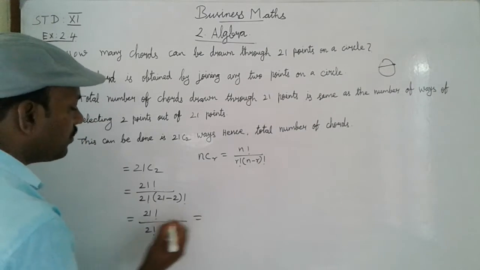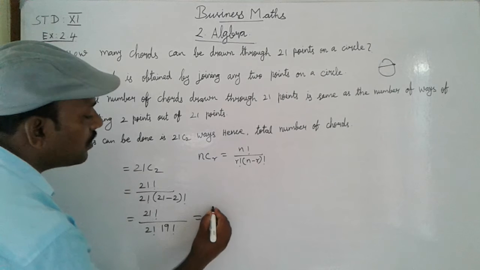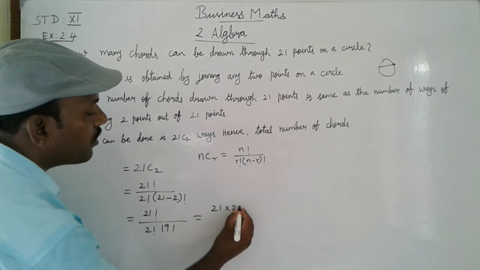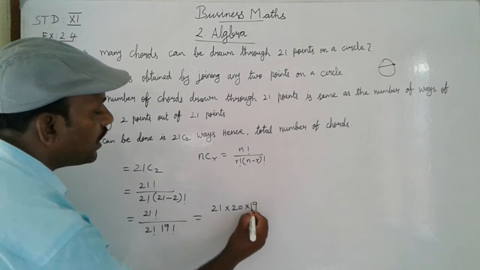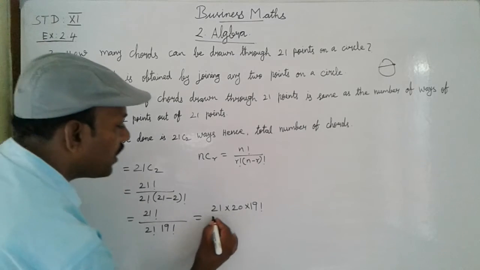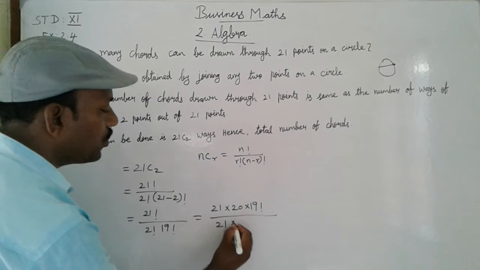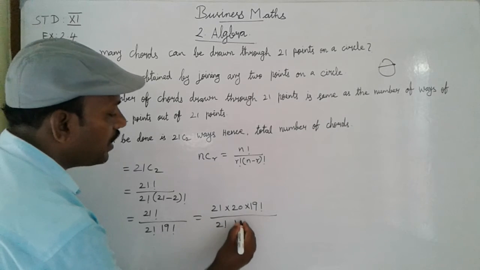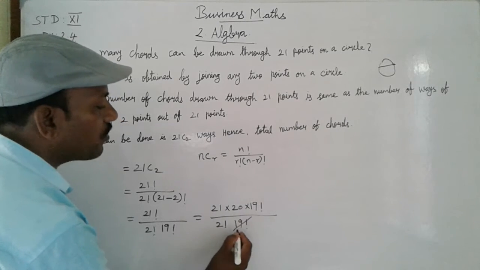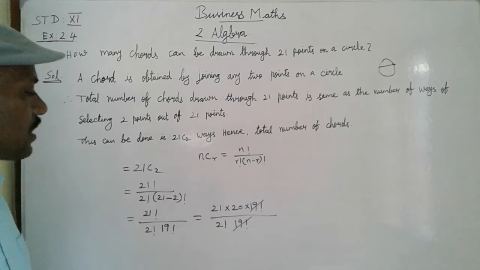So we should write 21 factorial is 21 into 20 into 19 factorial divided by 2 factorial into 19 factorial. So 19 factorial is cancelled.